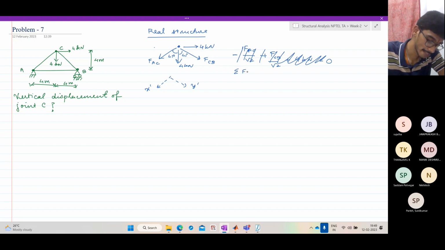If you say sigma fx dash equal to 0, you get FAC plus 4 by root 2, resolving this along this, and minus 4 by root 2 from this, equal to 0. This is 4 kilonewtons, so 4 by root 2, correct. So you get FAC as 0.